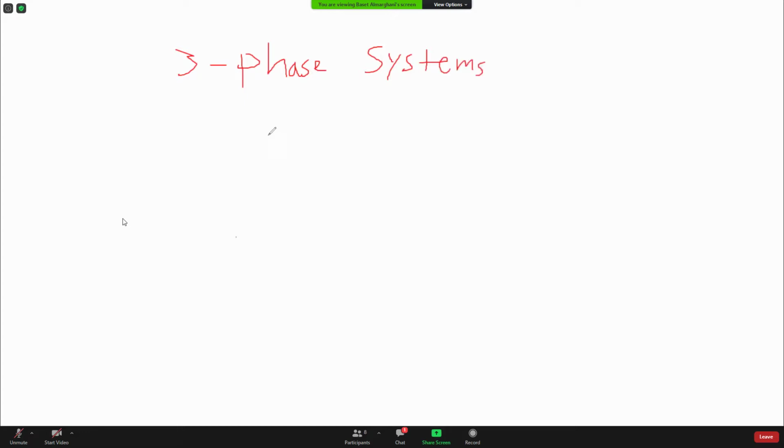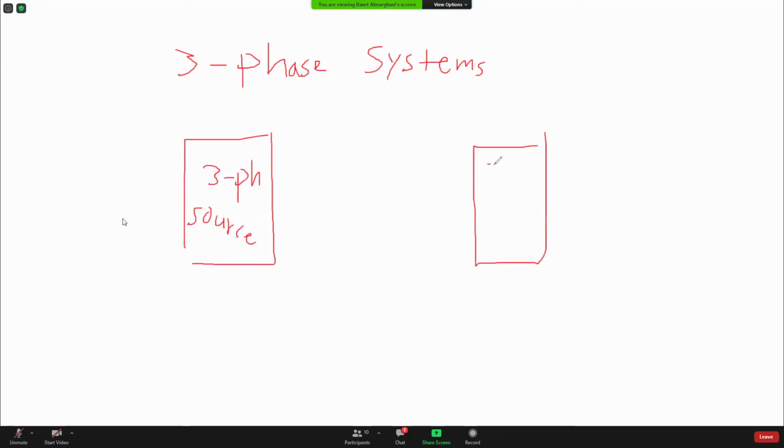And this is basically a source that is three-phase. So 3 phase is here, and this is the source. We talked about the source last time. And we have a three-phase load.